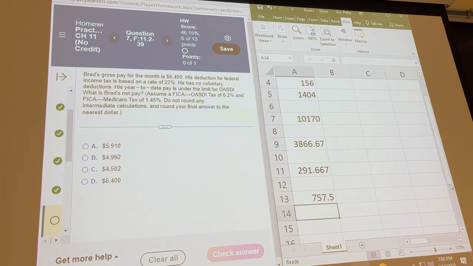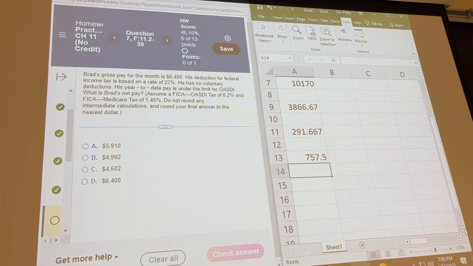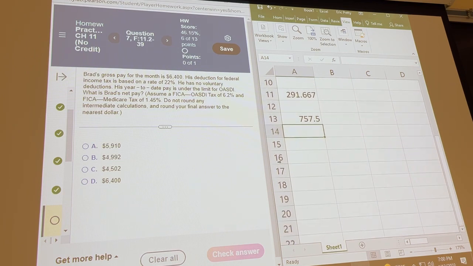Okay, so we'll start with his gross pay, $6,400, and then subtract his income tax. That would be his gross pay times 22%.